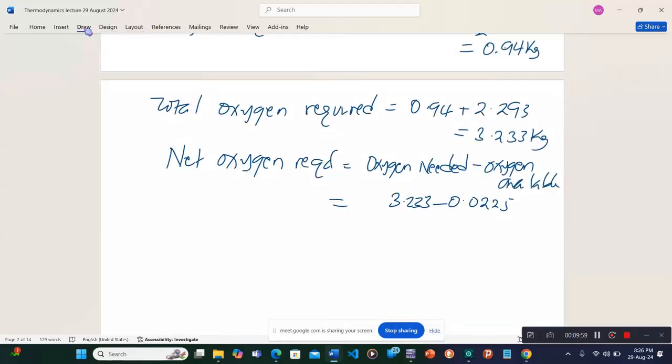So we take away that value from 3.233, and the net oxygen will be 3.2105.